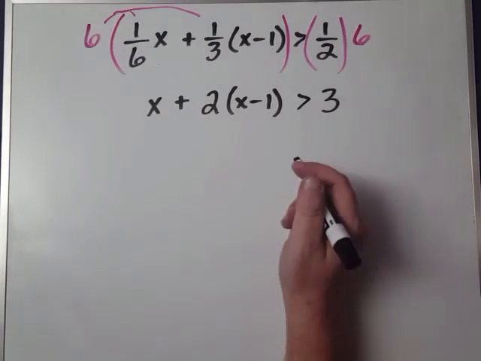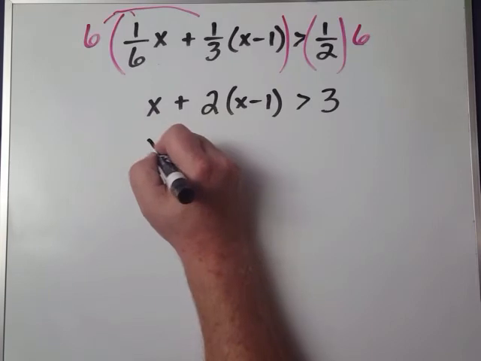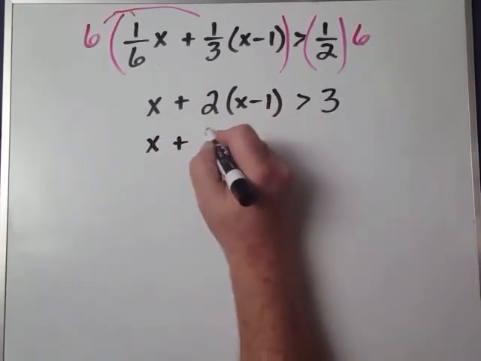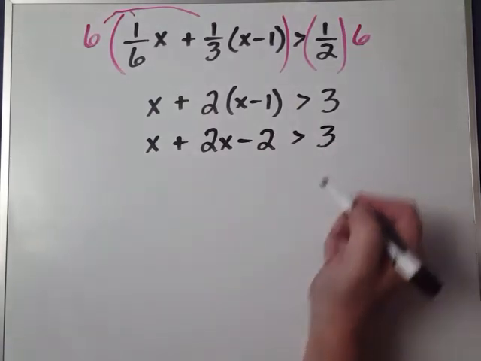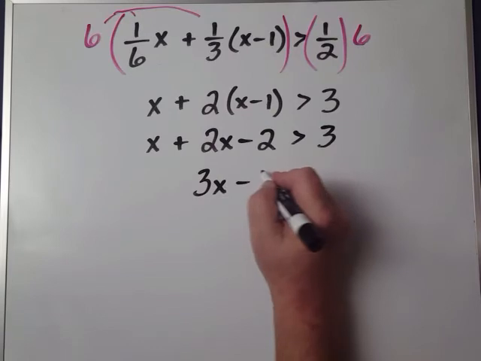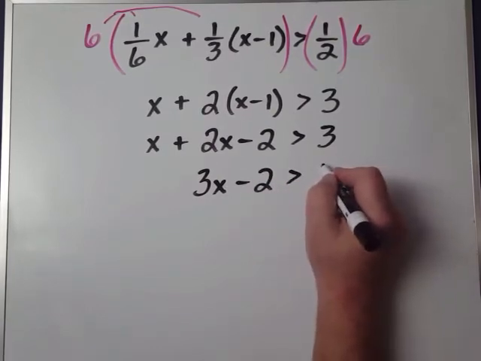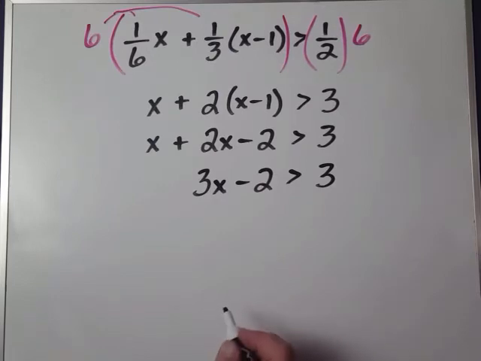We've cleared the fractions. Let's get both sides simplified. The right-hand side is ready to go. The left-hand side needs some work. Let's distribute this 2. Combine like terms. We have both sides now simplified.